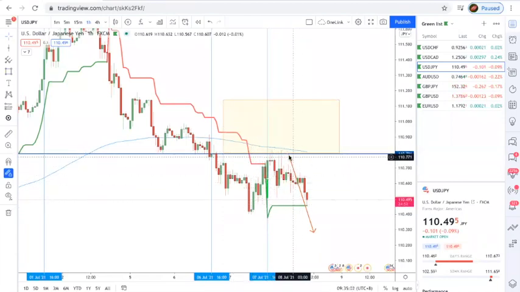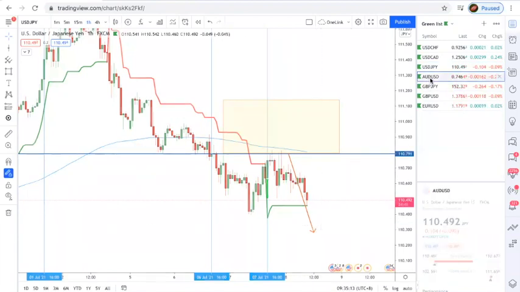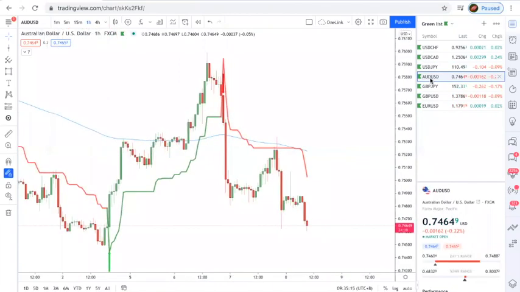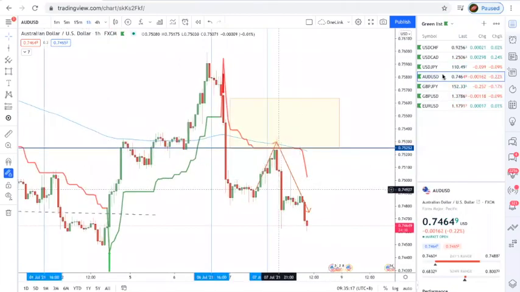I even gave a signal yesterday for this, and it went exactly in the direction that we meant. I think all the pairs that we analyzed yesterday went accordingly. Even Australia USD, you saw exactly at the point that we analyzed yesterday, the market rejected again.